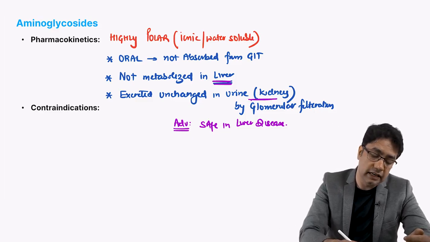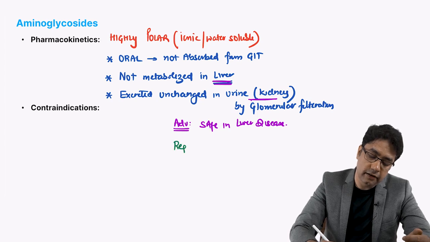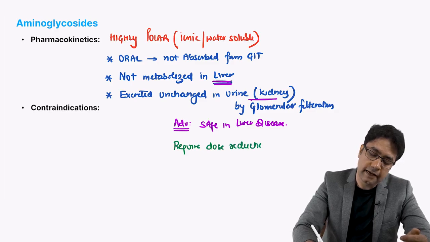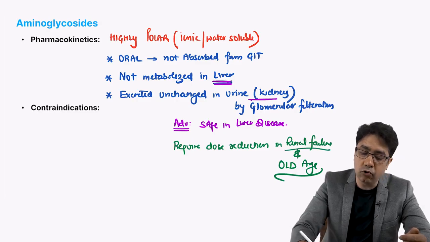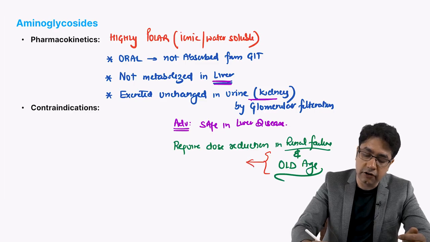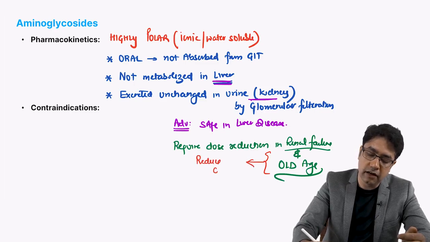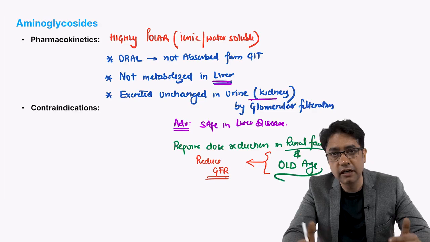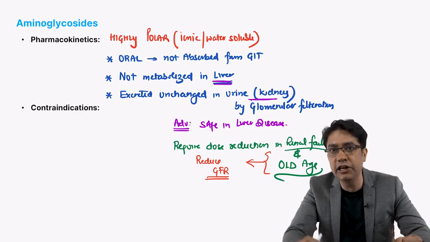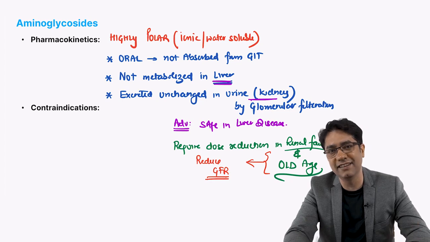So aminoglycosides, remember, they require dose reduction in renal failure patient, and they also require dose reduction in old age patient, because in renal failure and old age, there is reduced glomerular filtration rate. So GFR reduces in renal failure and old age. Hence aminoglycoside will accumulate in the body and their toxicity can come.